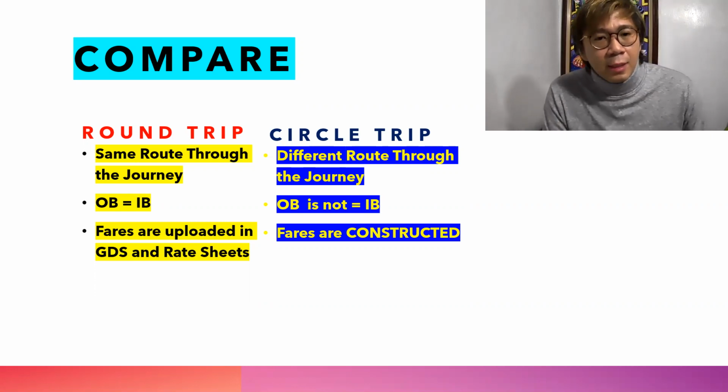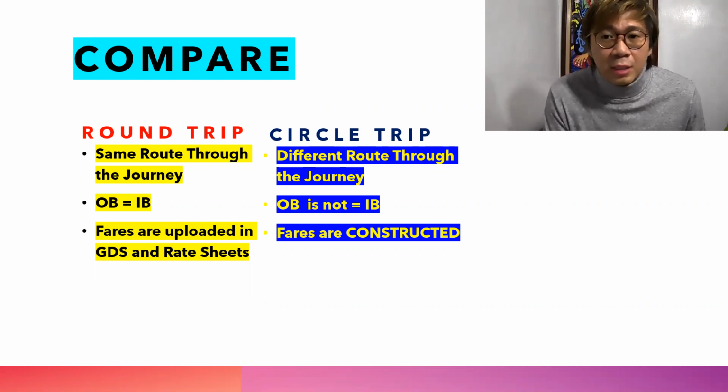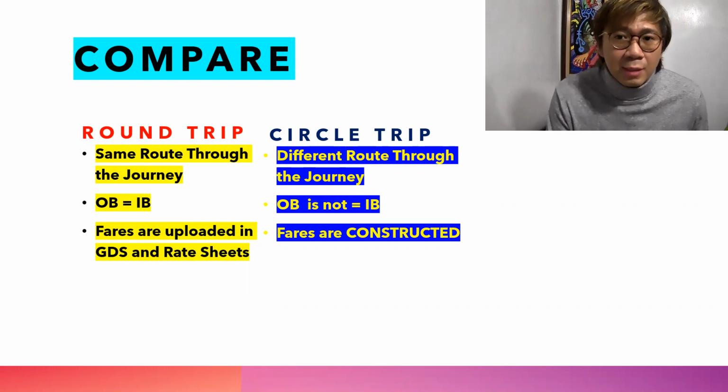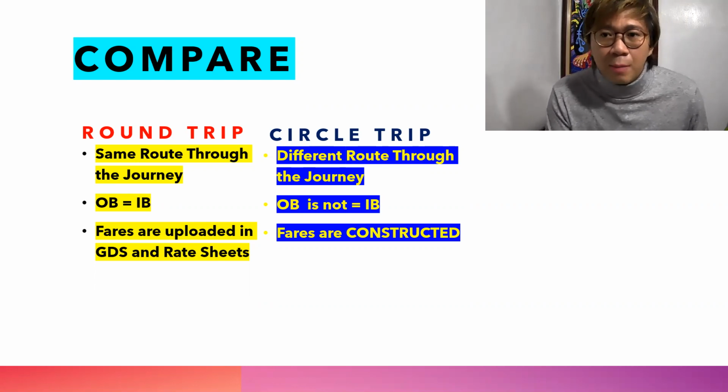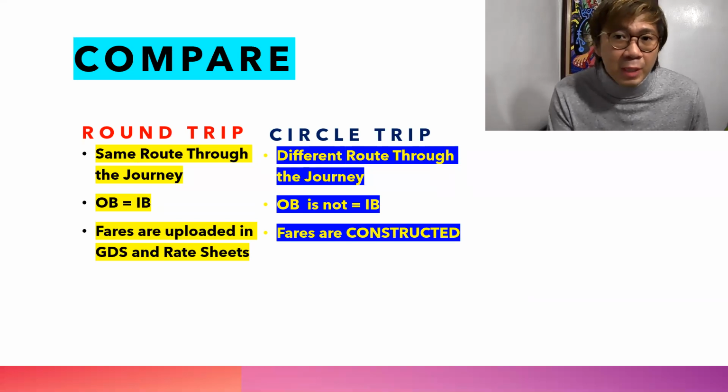Okay. Next, fares are uploaded in GDS and rate sheets. So round trip and one-ways, hindi na siya kailangan i-construct. Bakit? Kasi it's automatic. One-way and round-trip tickets are already uploaded in the GDS and rate sheets. Nasa system na po siya ng mga travel agent. While for circle trip, you have to construct it using the approved airline fare system and based on the system pricing ng GDS natin.